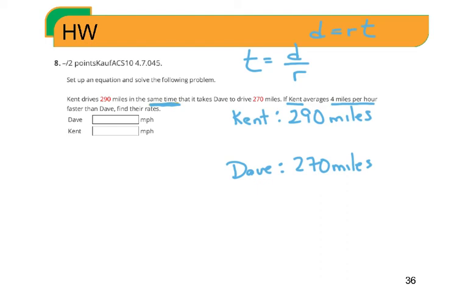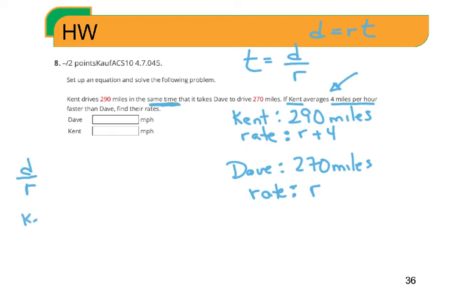So let's choose a variable, R, for Dave's rate, and then Kent's rate will be what? R plus 4. And remember, the time is the same. So we have distance over R. That's the way we want to set it up.